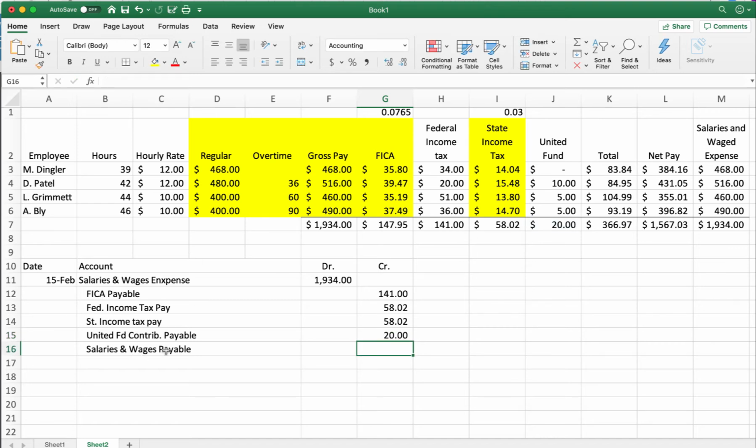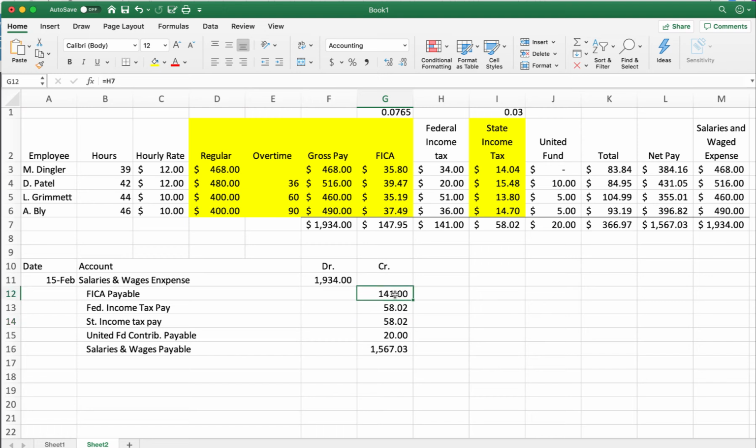What is my salaries and wages payable? Well, that has to be equal to my net pay, right? Because why? $1,567 is going to be written out as checks and they're going to be given to the employees. Okay, so now I just want to check, make sure debits and credits equal, which they do not because, let's see.